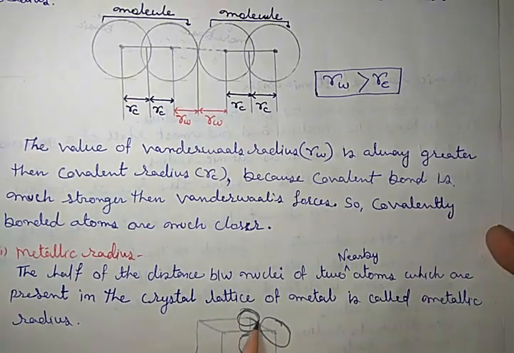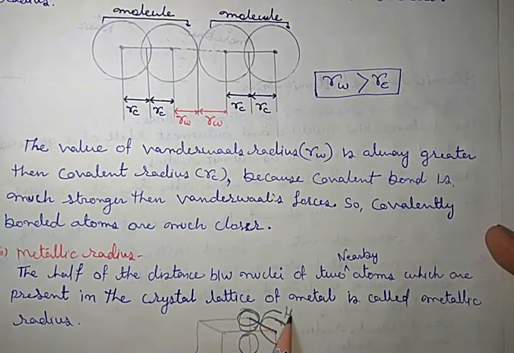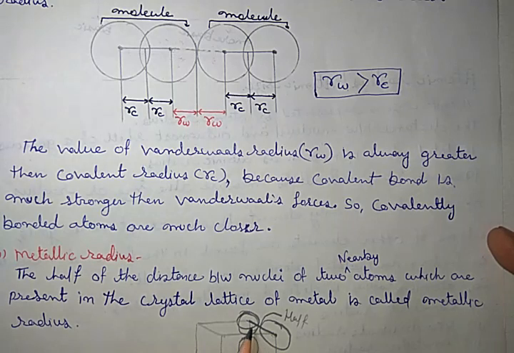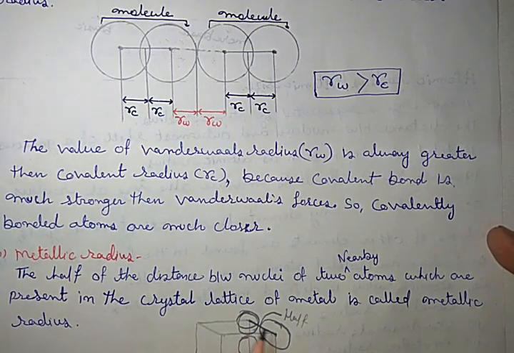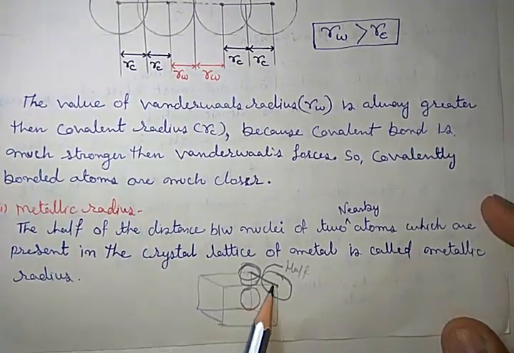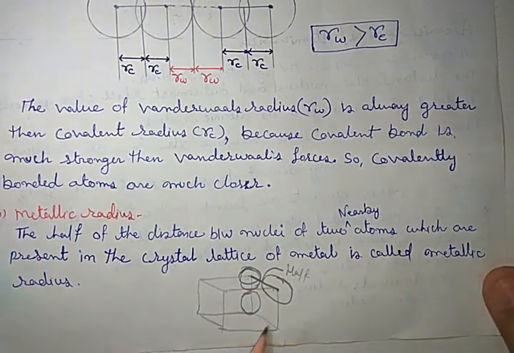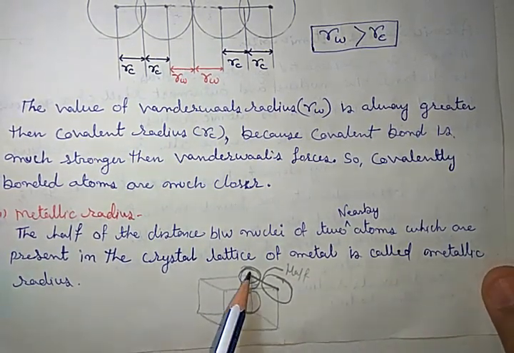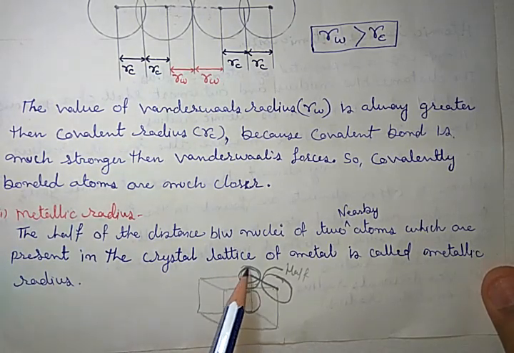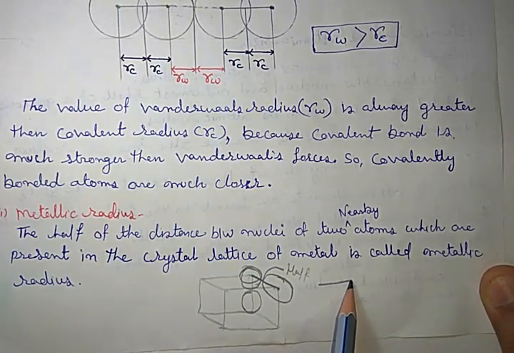The half of this distance, the distance between the nuclei of two nearby atoms which are present in the crystal lattice. I'm again repeating. Suppose that is a cuboidal crystal in which the atoms are found.